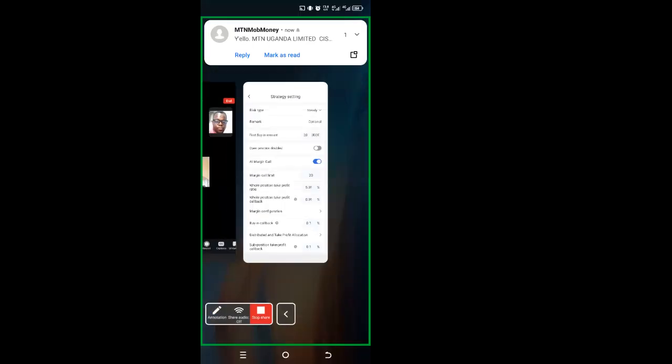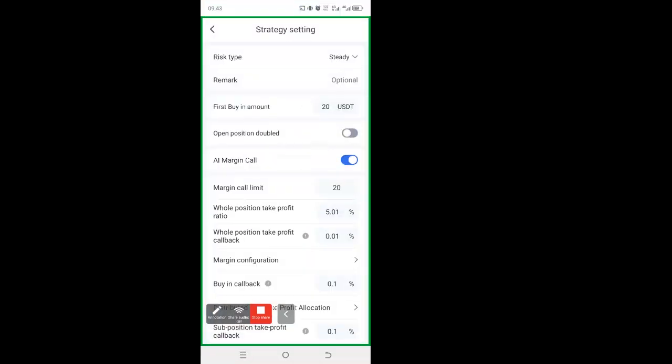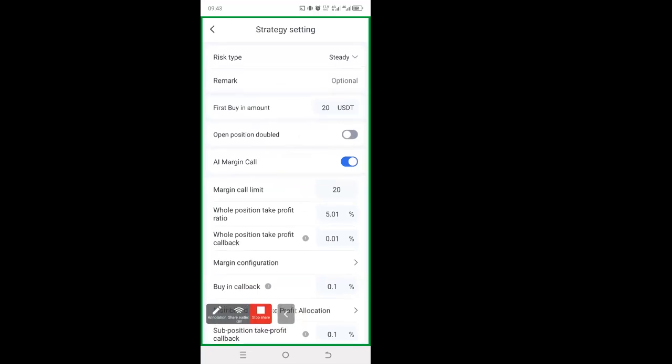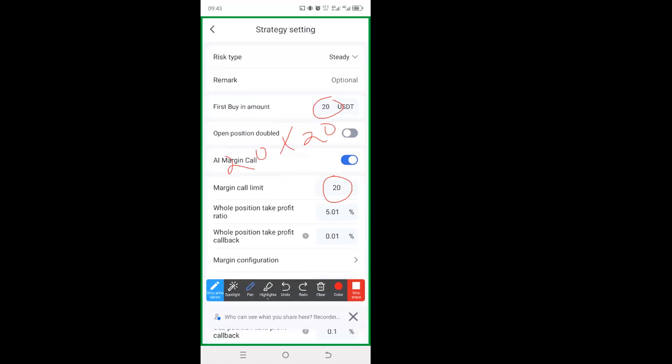Now what you do here, you're going to divide. There are two or three methods you can use here. You can divide your capital, which is 1,000, by the margin calls, which is 20. You see this?